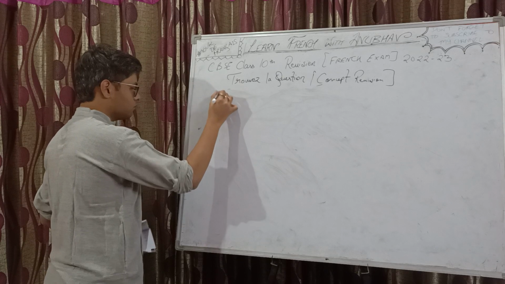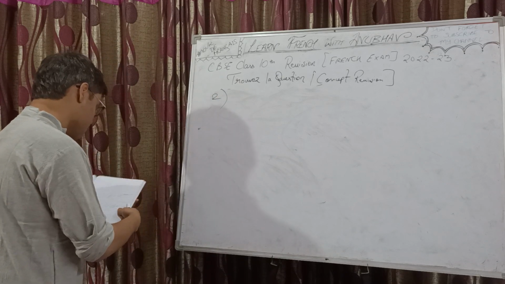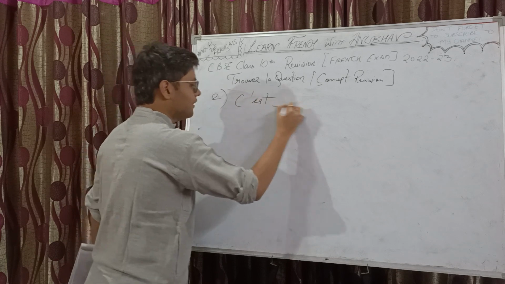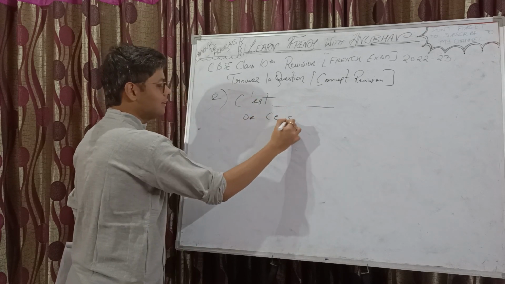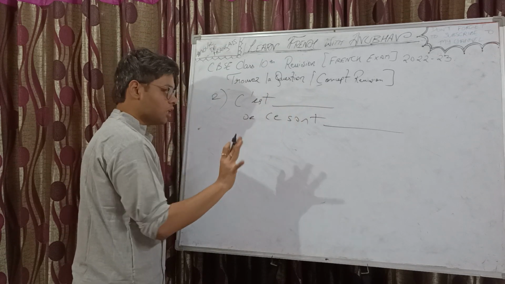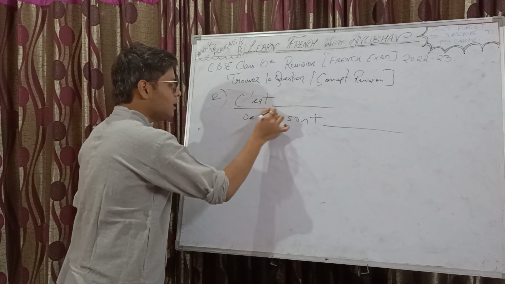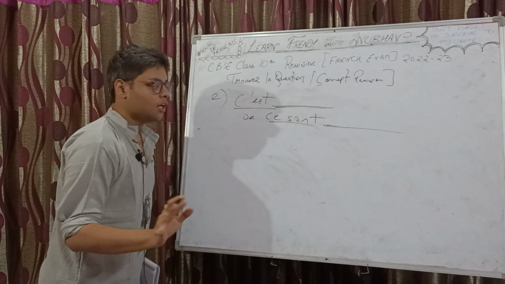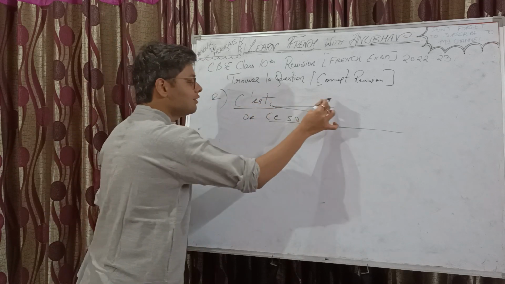Type 2. The second type, okay, c'est dash or ce sont dash, some object. Okay, some object, non-living object. This is dash or these are dash. Okay, so the question will revolve around these objects only.